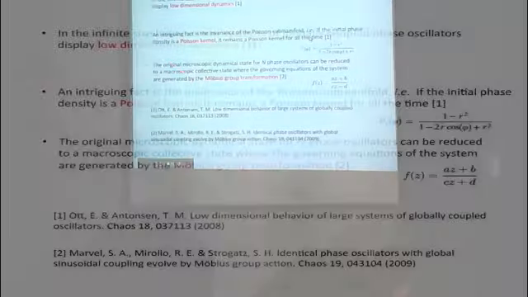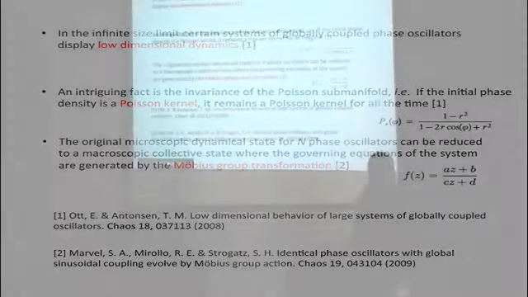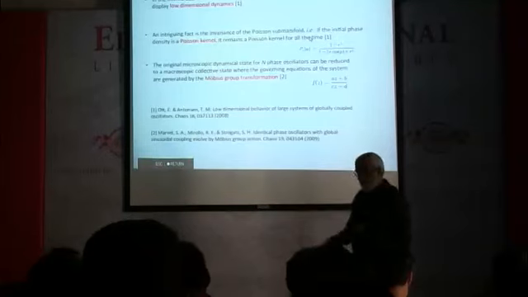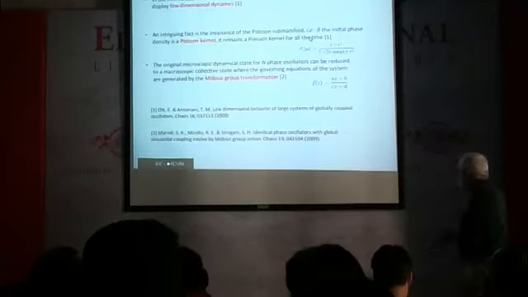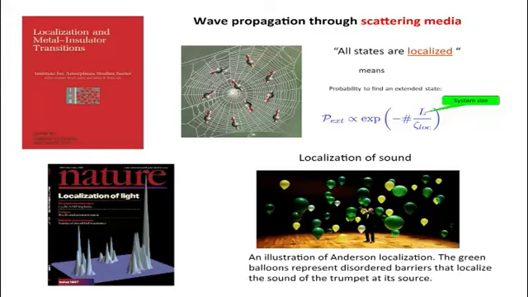And a third statement: the original microscopic dynamical state of a large number of phase oscillators can be reduced to a macroscopic collective state where the governing equations of the system are generated by a Mobius group transformation. All this happens to the Kuramoto model, or to arrays of oscillators.